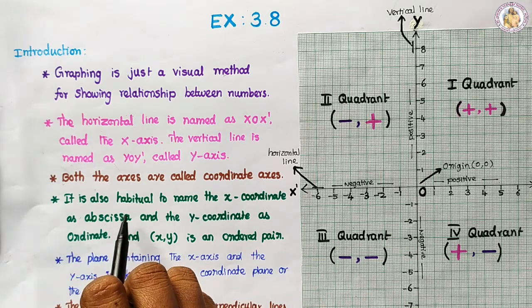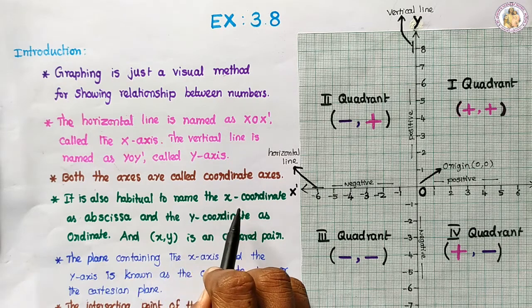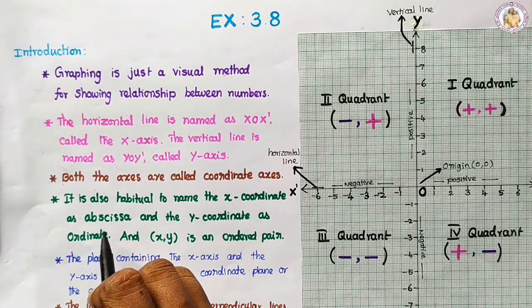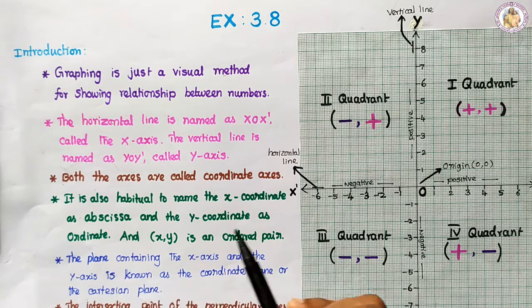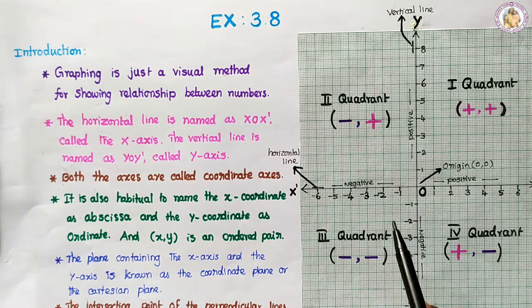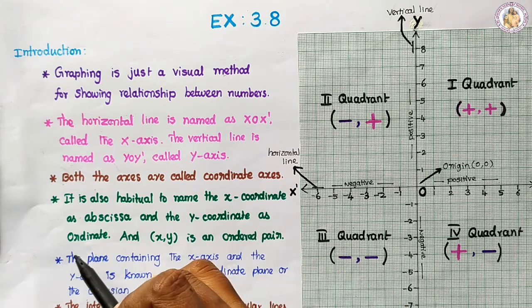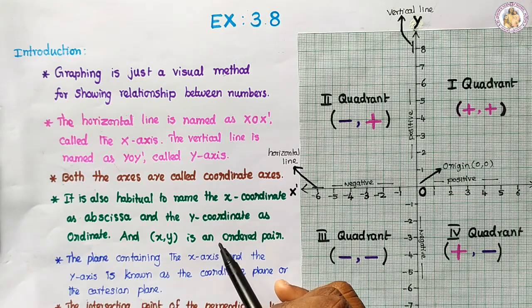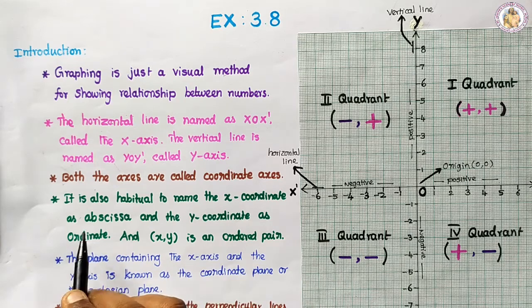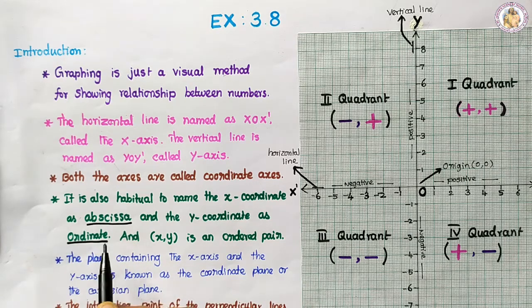It is also habitual to name the x coordinate as abscissa and the y coordinate as ordinate. And (x, y) is an ordered pair. In this ordered pair, this is abscissa and this is ordinate.